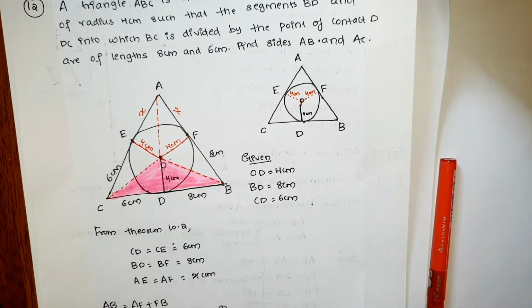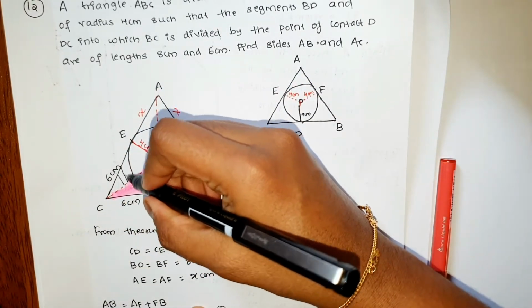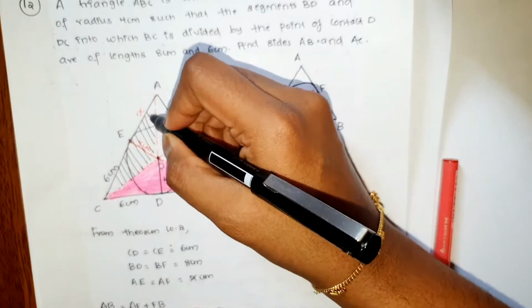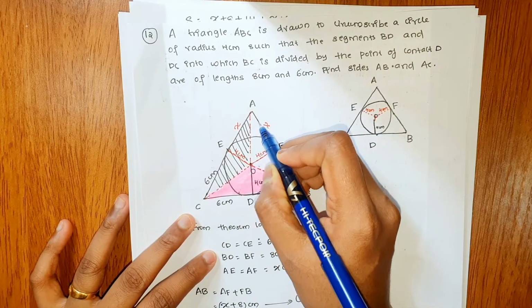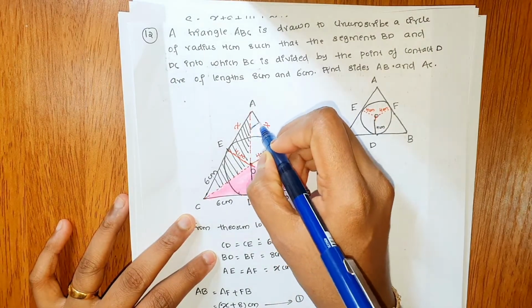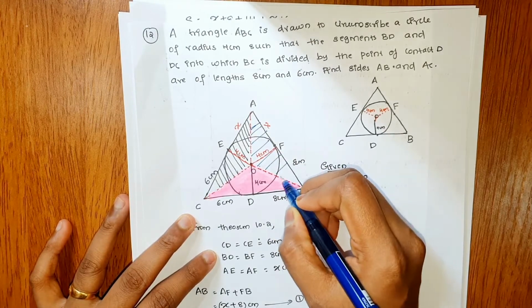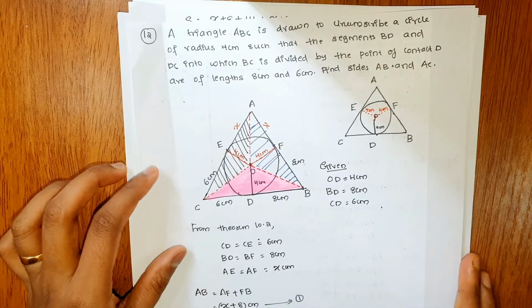Next is this one. And this is the third triangle. So I got 3 different triangles here.